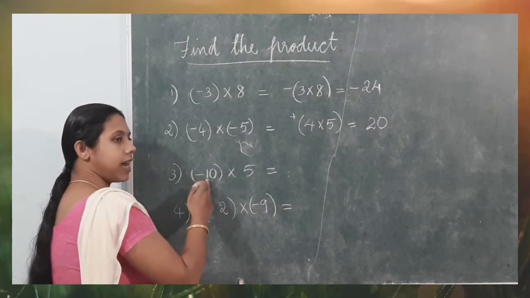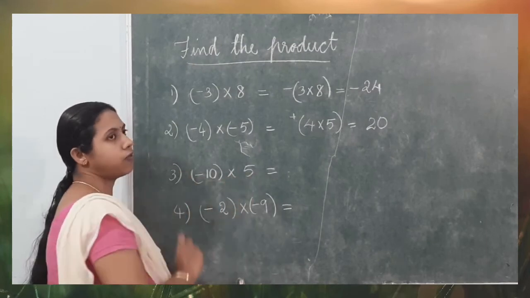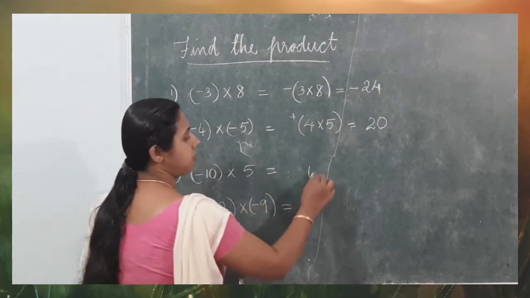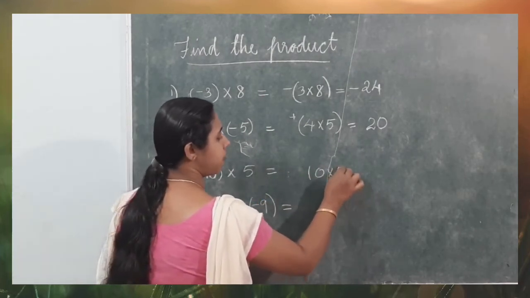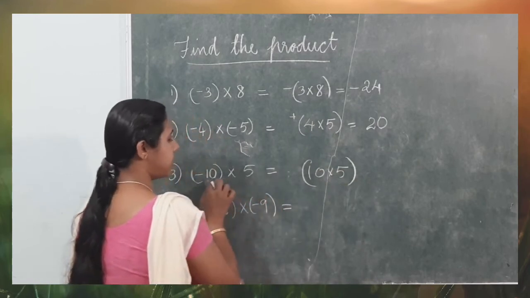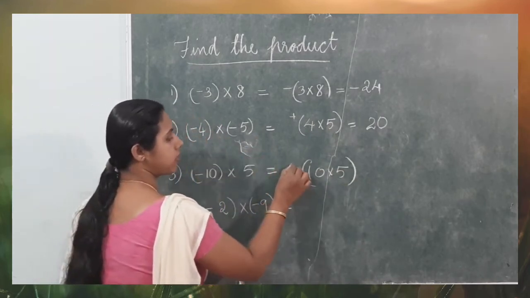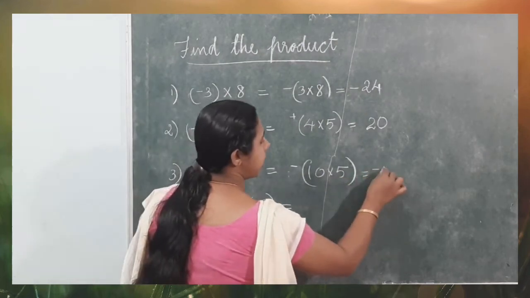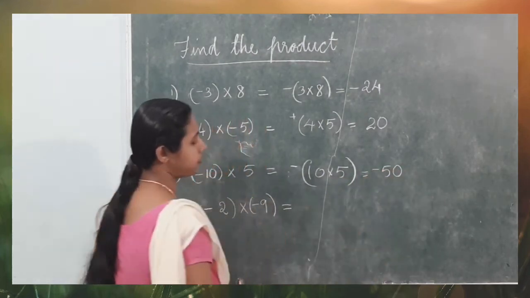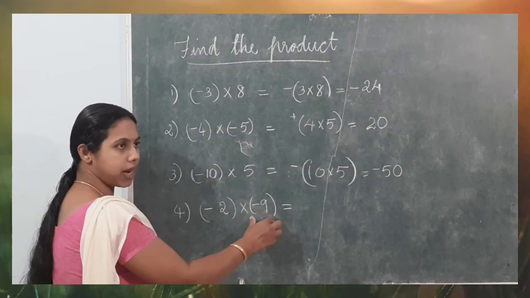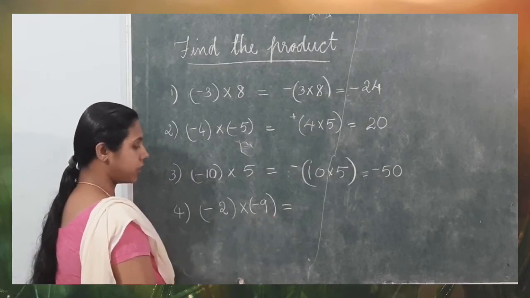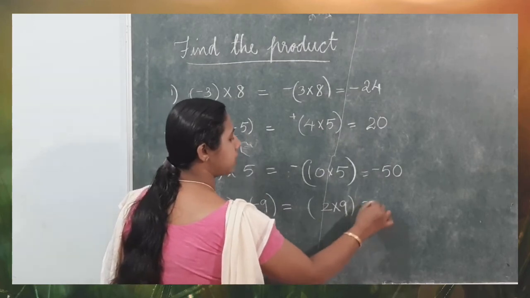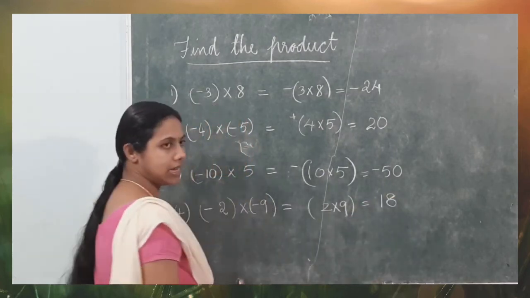Then tell me what is the answer of minus 10 into 5. 10 into 5, 50. A negative and a positive integer, so it will always be negative. So the answer is minus 50. Minus 2 into minus 9. Both are negative integers, so 2 into 9, that is equal to positive 18.